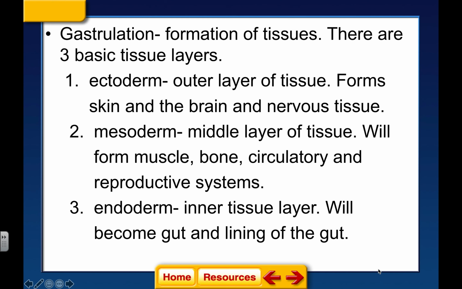So it forms second. And then lastly, we have the mesoderm. So it lies between the ectoderm and the endoderm. And when that mesoderm forms, it forms that middle layer of tissue, which is going to be our muscle, our bone, circulatory, reproductive. It's also going to be pulmonary, lungs.